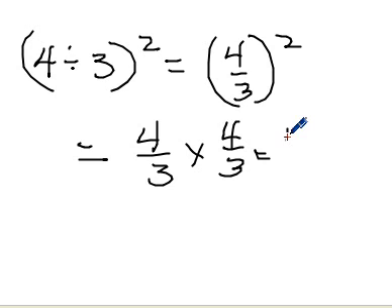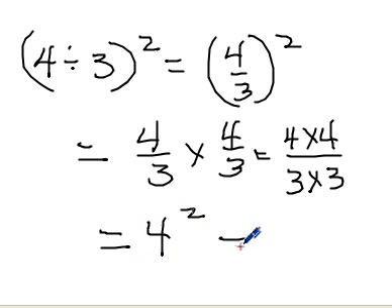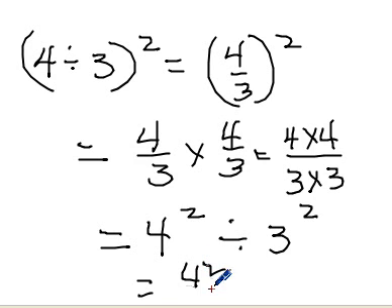And you know that that would be the same as 4 times 4 divided by 3 times 3. So our original expression could also be expressed as 4 squared divided by 3 squared, or as a fraction, 4 squared over 3 squared.